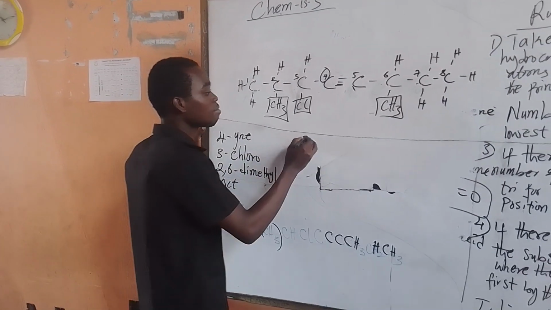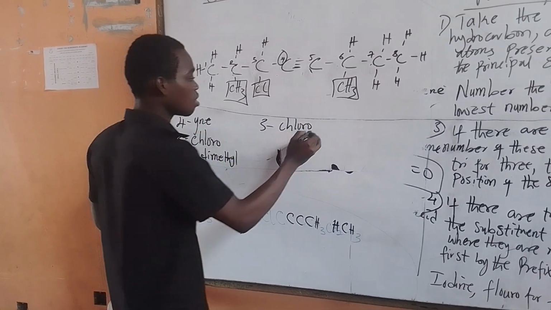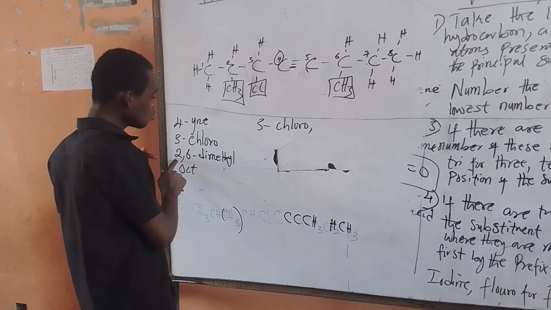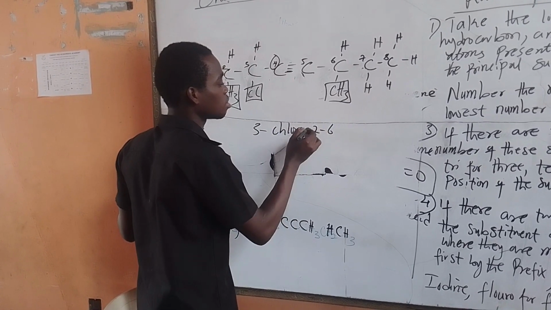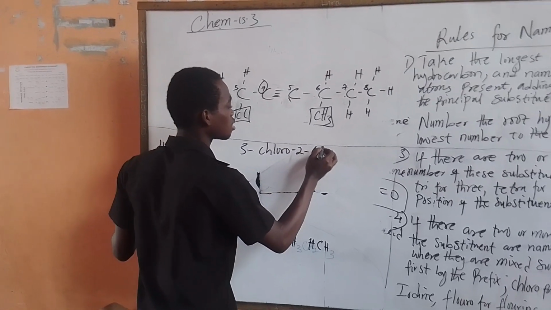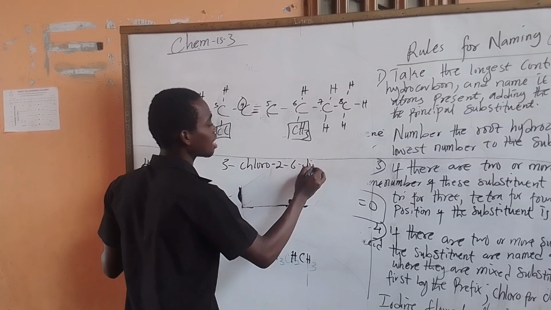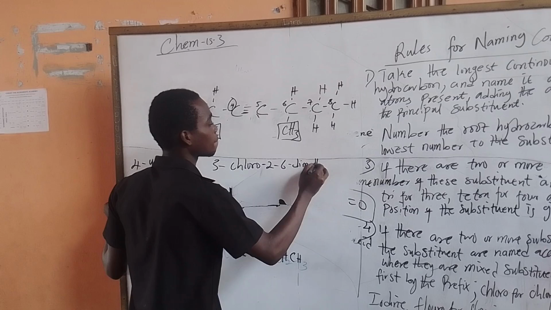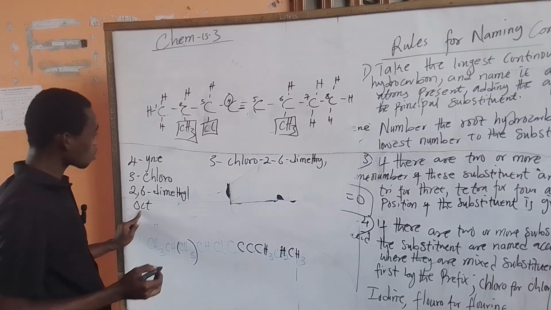So I'm going to have 3-chloro. The next one I will have 2,6-dimethyl, oct.